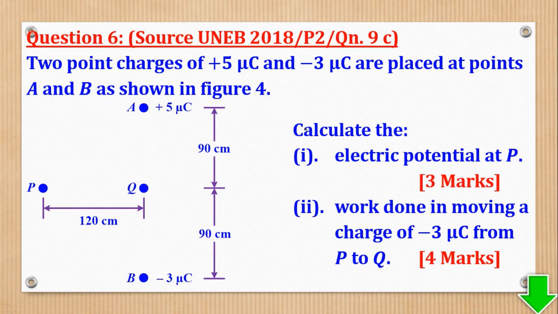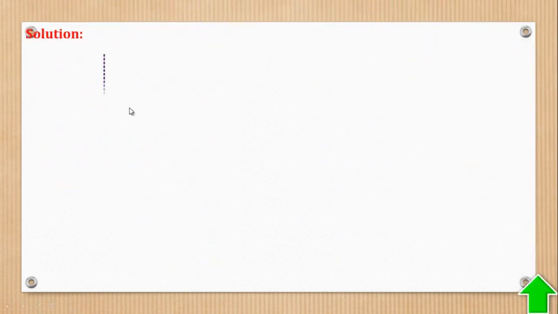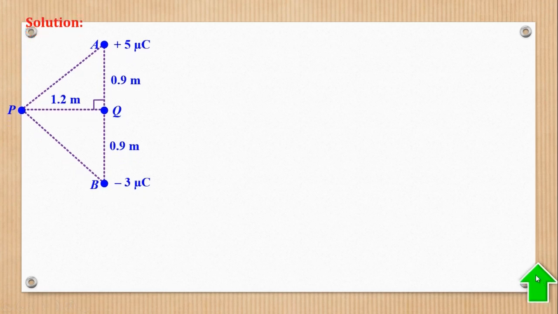Now the diagram may look a bit scary, but the easiest way is to redraw it. So let's come and redraw the diagram. So we have point A, we have point Q, and we have point B. Then we also have point P. So the separations, what we have done, we have converted from centimeters to meters.